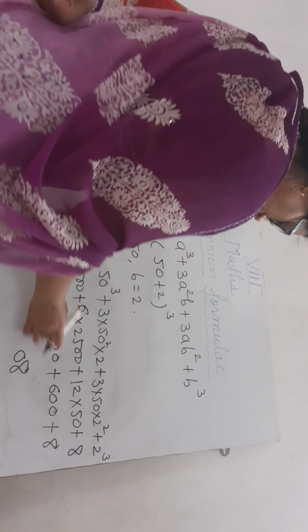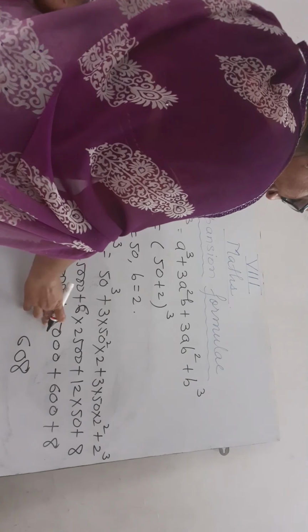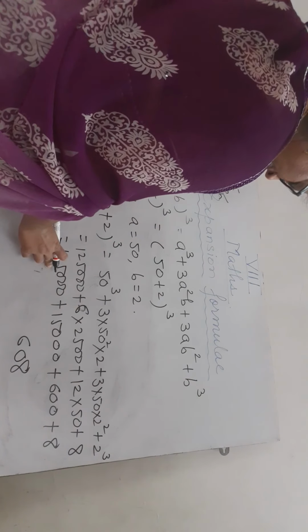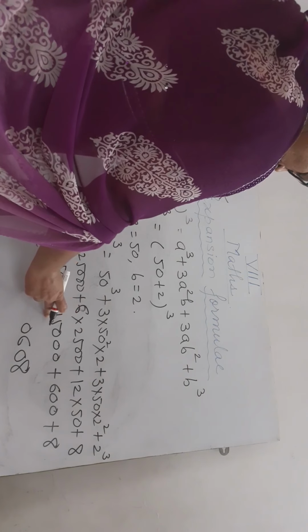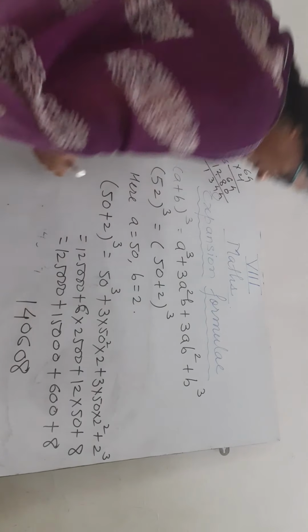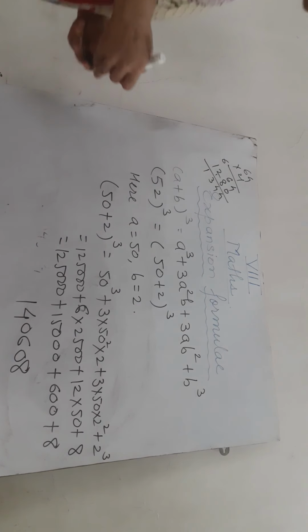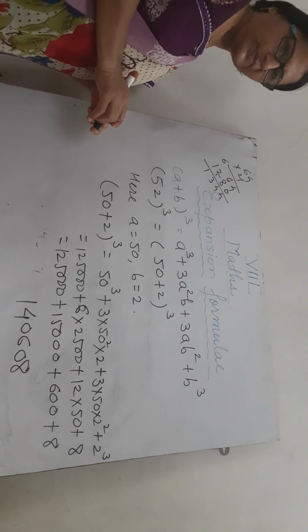Then 6 0 0 is 6. Then 5 plus 5, 10. 1 is carry. 1 plus 1, 2. 2 plus 2 is 4. This is the cube of 52. Understood? Like this we can solve the exercise.